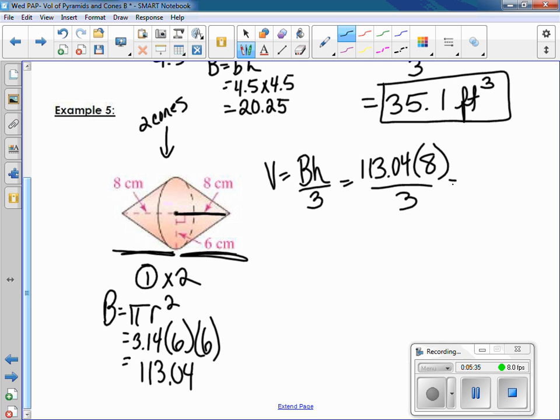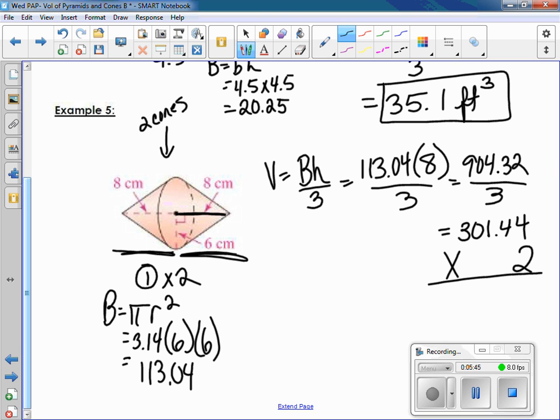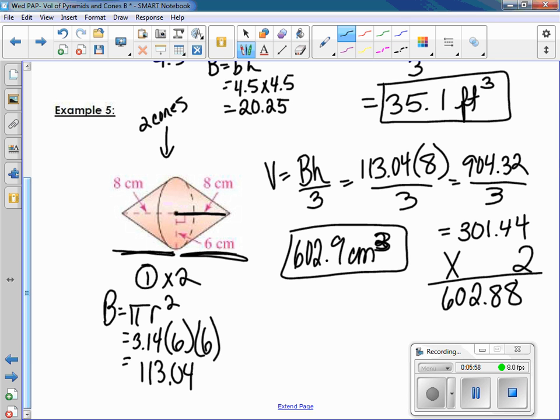That's going to give me 904.32 on the top, divided by 3 is going to give me 301.44. However, don't forget there are 2 of them, so I need to multiply by 2, and overall I'm going to get 602.88, and I'm just going to go ahead and round that to the tenth. Remember, that's a cube.